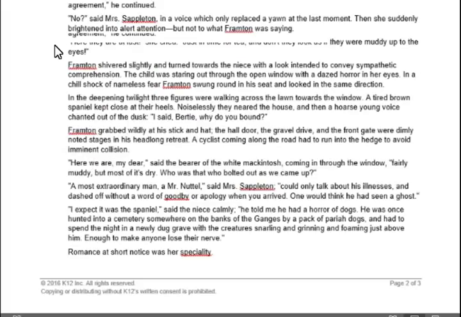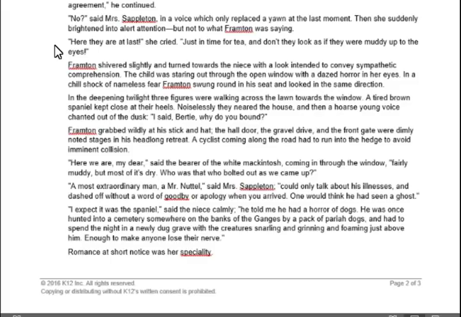"Here they are at last," she cried, "just in time for tea. Don't they look as if they were muddy up to the eyes?" Frampton shivered slightly and turned toward the niece with a look intended to convey sympathetic comprehension. The child was staring out through the open window with a dazed horror in her eyes. In chill shock of nameless fear, Frampton swung around in his seat and looked in the same direction.